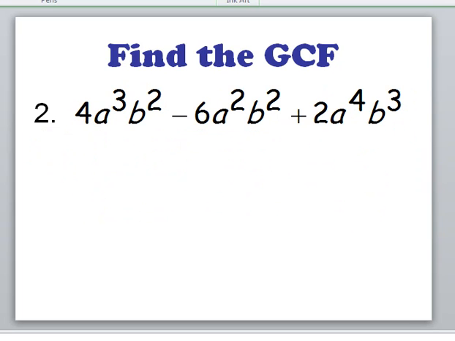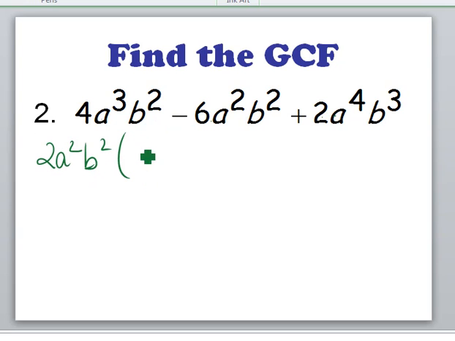We're going to find the greatest common factor. The greatest common factor is 2 amongst the numbers. They all have at least an a squared, and they all have at least a b squared.